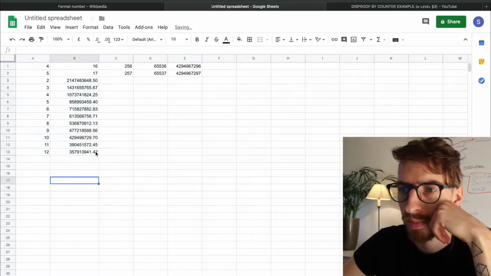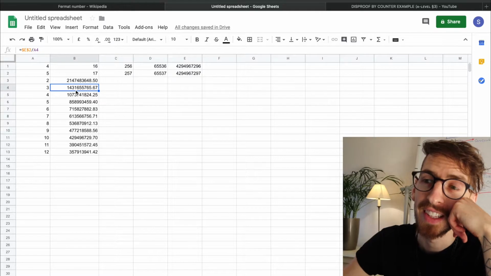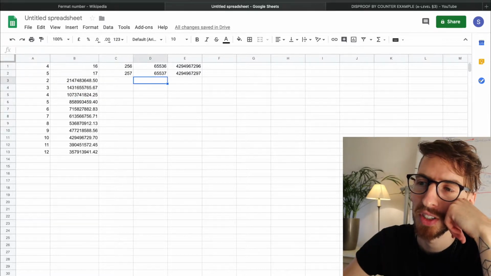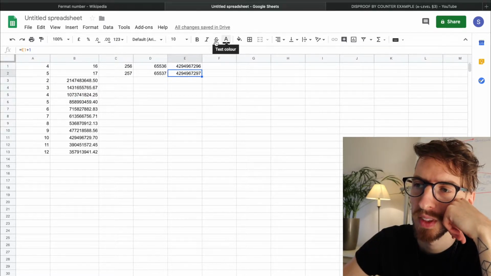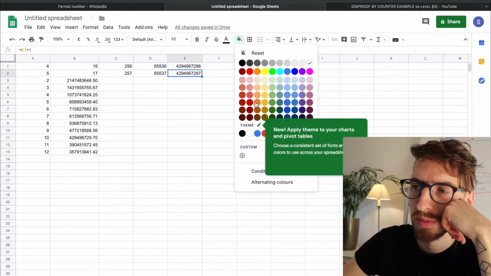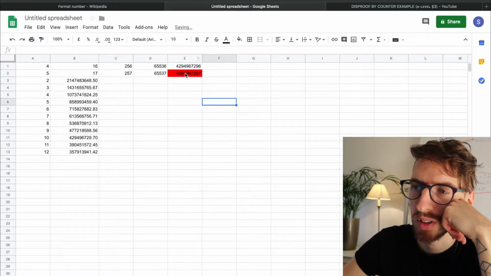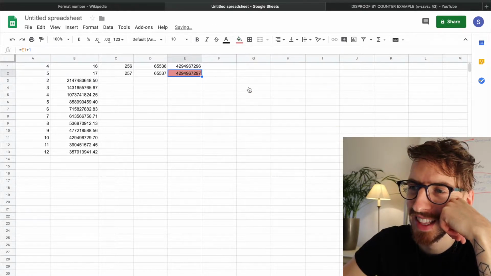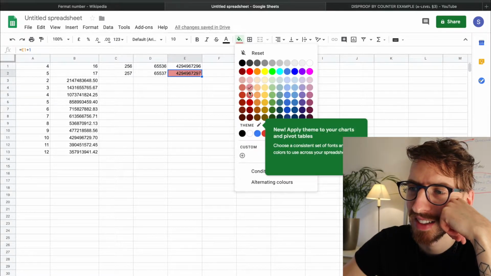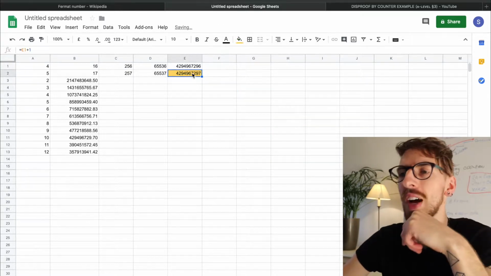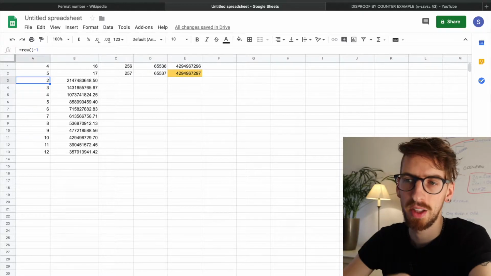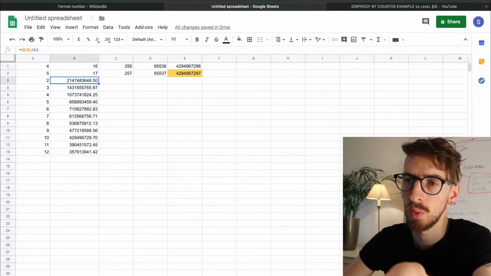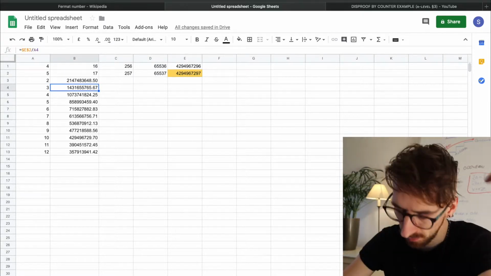So what we're finding out here is that when we divide our original number, this yellowy box, by the row number minus 1, we're getting decimals.